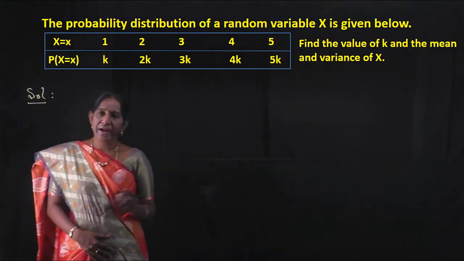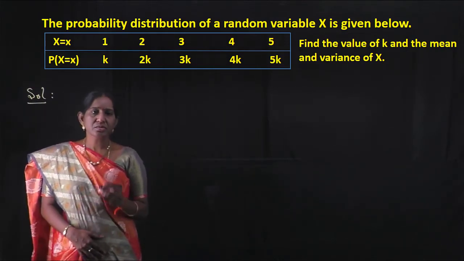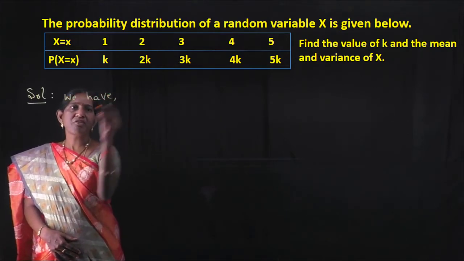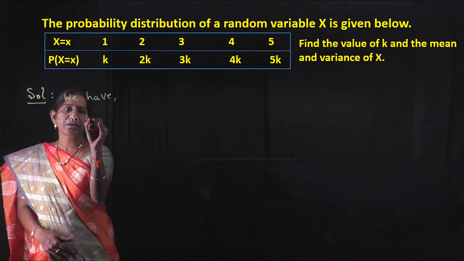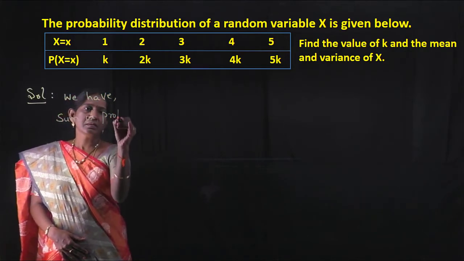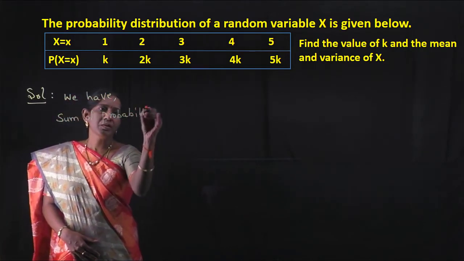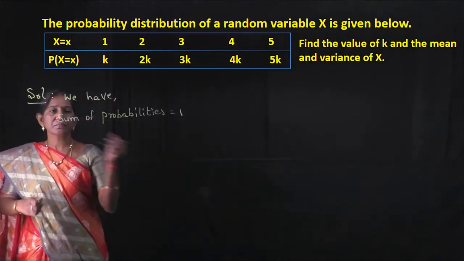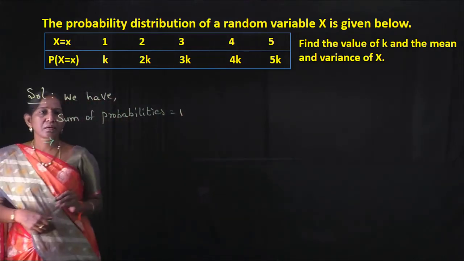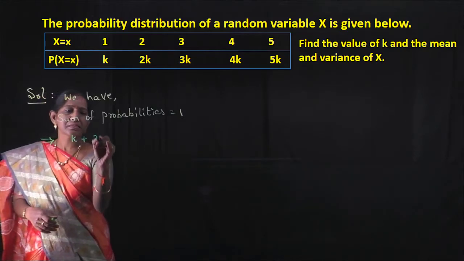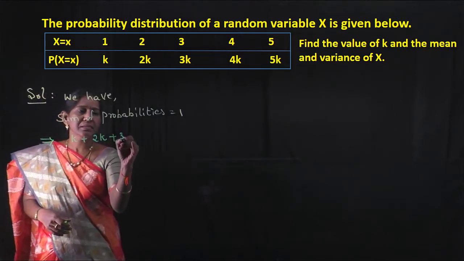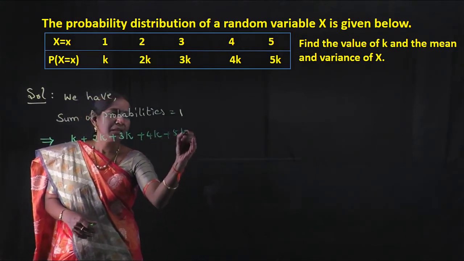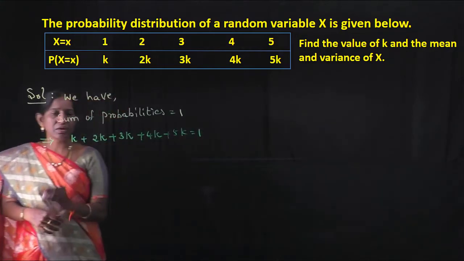First we have to find the value of k. So to find the value k, we have sum of probabilities is equal to 1. Those are k plus 2k plus 3k plus 4k plus 5k equal to 1.